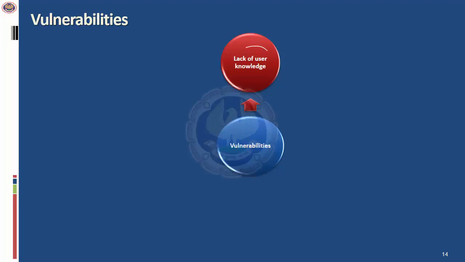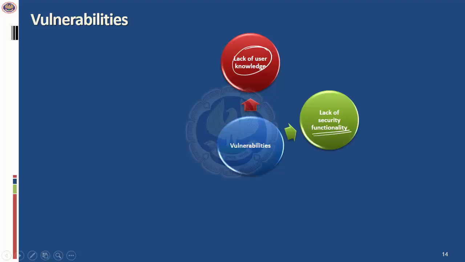Now let's look at vulnerabilities, some examples. What are vulnerabilities? Vulnerabilities, as I said, is inherent weakness. There's a lack of user knowledge because of which the user commits the error or fraud, or he shares the information because of which the hacker is able to attack the system. There could be lack of security functionalities, or the security functionalities which are available are not properly used.